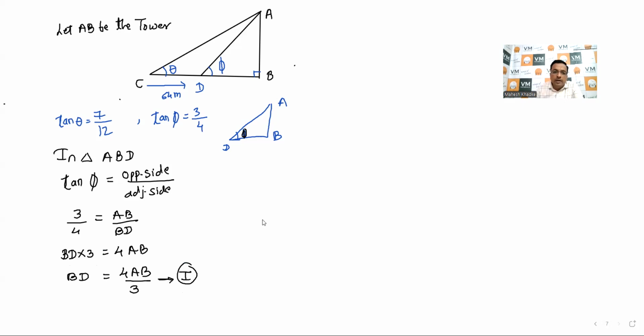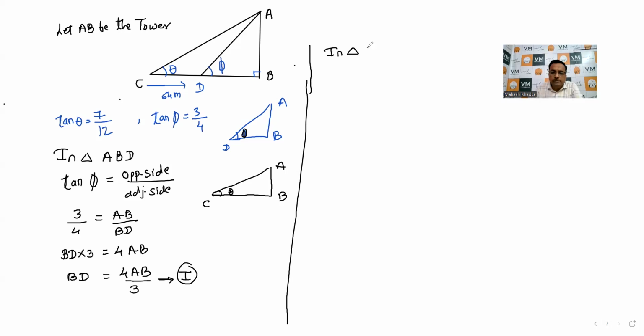Okay. Then we will use the other triangle. Which triangle do we use now? That one is ABC. This is theta. So in triangle ABC, tan theta is again opposite side upon adjacent side.